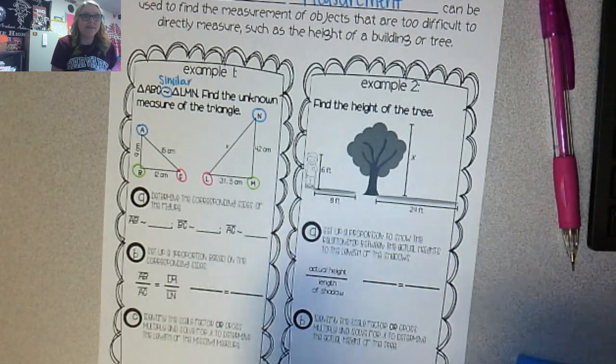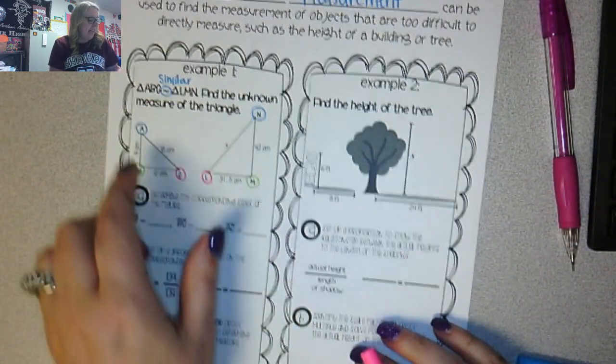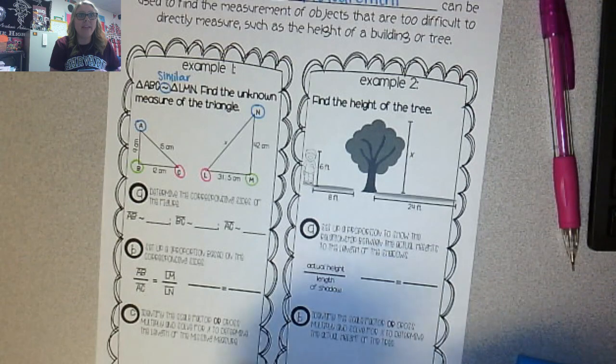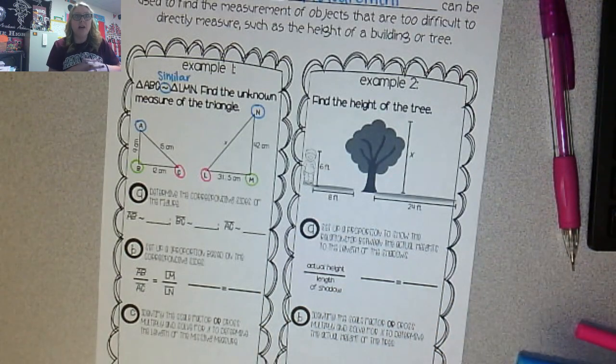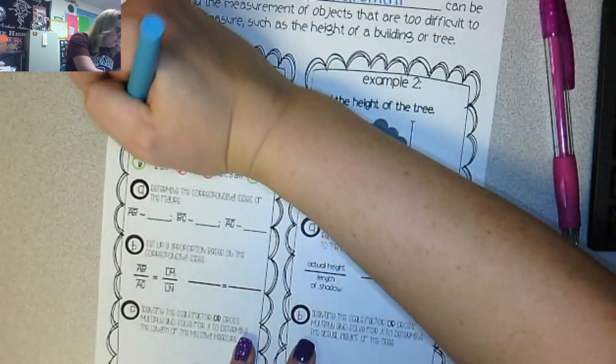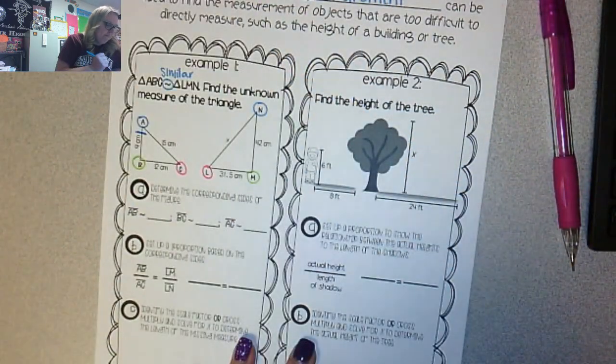So now that I've found my corresponding angles, I know that they're congruent, meaning that they are sitting in the same spot. The next thing I'm going to do is find the corresponding sides, and then we're going to use those proportions to help us. The first one I'm going to look for is AB.